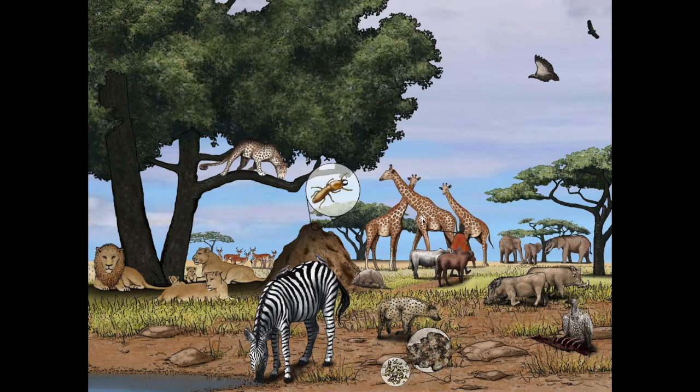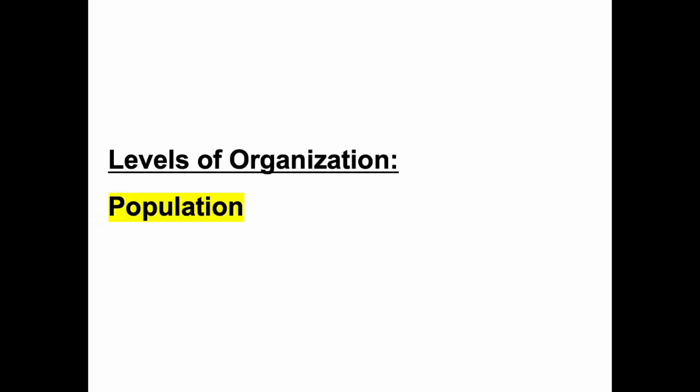No, it's about the giraffes in this area of Africa, wherever this happens to be. There's also a population of lions. There's also a population of elephants. Hey, there's also a population of termites in this mound. There's also a population of specific bacterial species in this soil. Again, population is a group of individuals of the same species in a specific area.